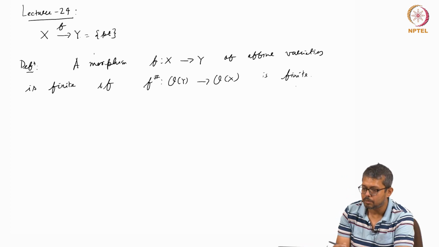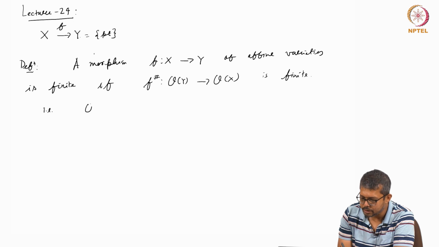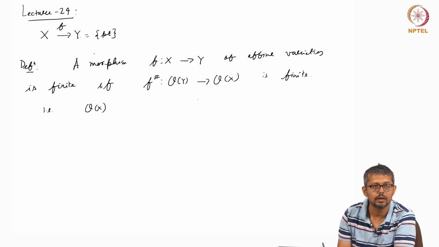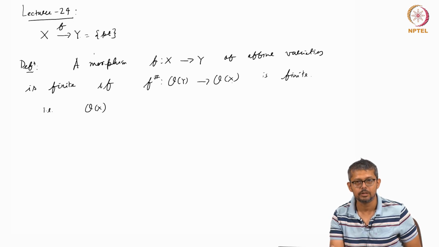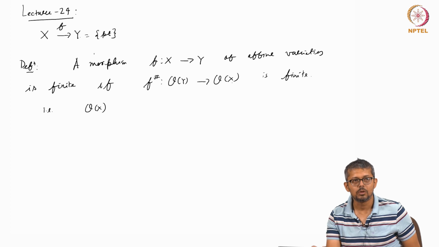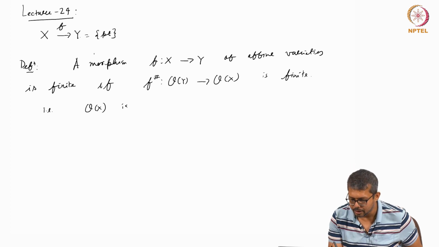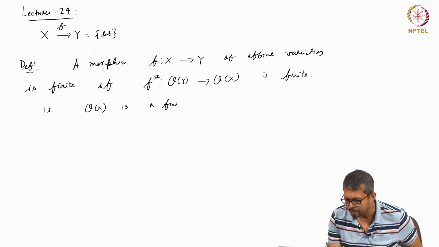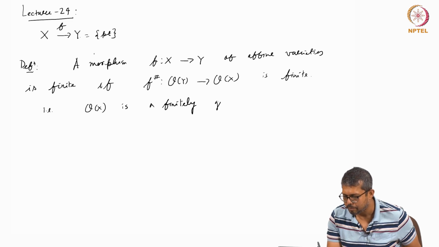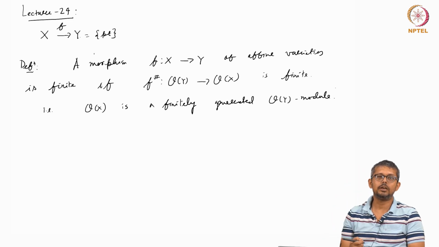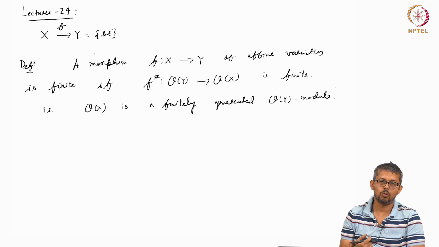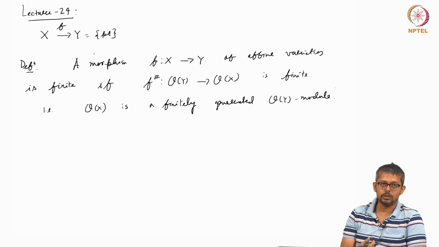So finite means what? Finite means this O_X is a finitely generated O_Y-module. O_X is an O_Y-algebra because there is a ring homomorphism. Of course, it's a finitely generated O_Y-algebra, but this is a little bit more: a finitely generated O_Y-module.